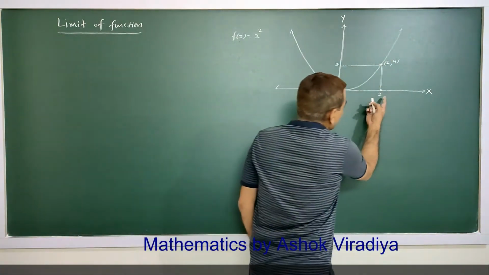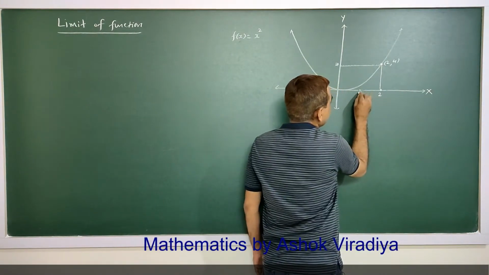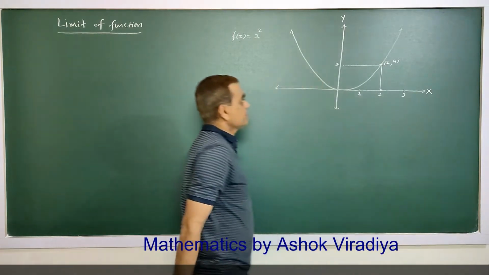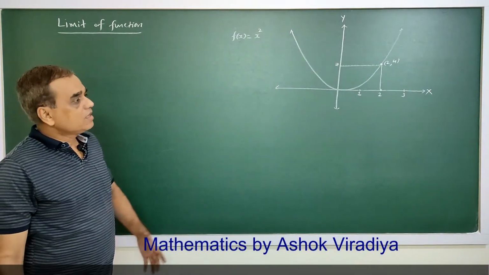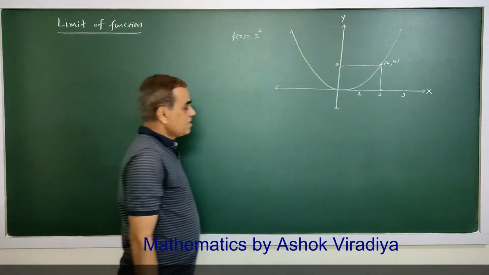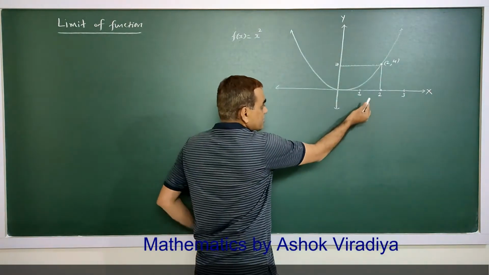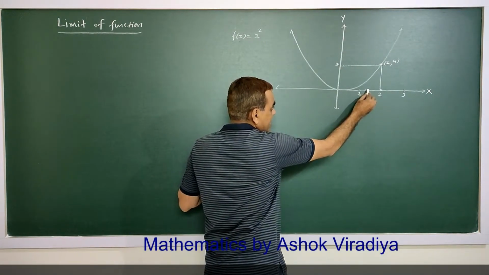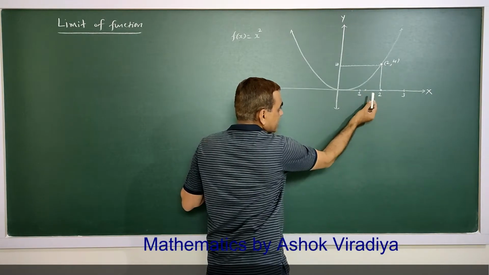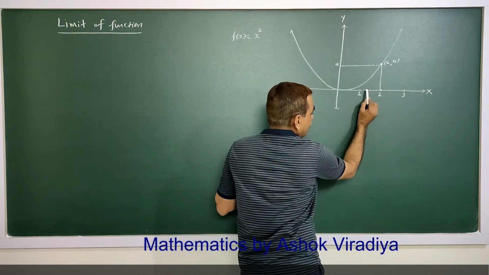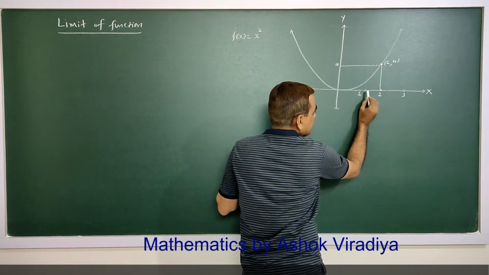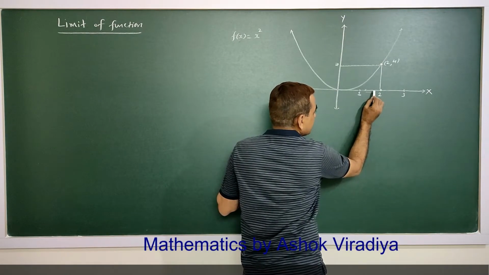Now on left of 2, suppose somewhere here there is number 1 and here there is 3. Now see, I am changing values of x. x I am changing from 1, 2 towards 2. Means taking from this interval, going towards this direction.